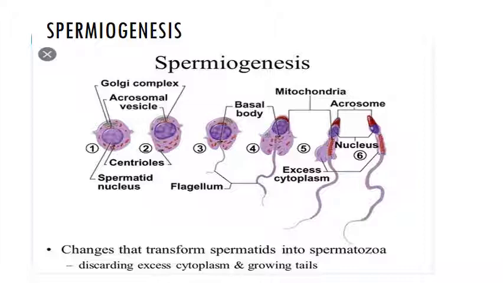Then slowly they start to develop the midpiece consisting of mitochondria. Finally, the head evolves with an acrosome. So the final product, that is a head piece, a middle piece with mitochondria and a flagellum, that entire thing we call a mature spermatozoon. The process starting from spermatid to mature spermatozoa, we call spermiogenesis.